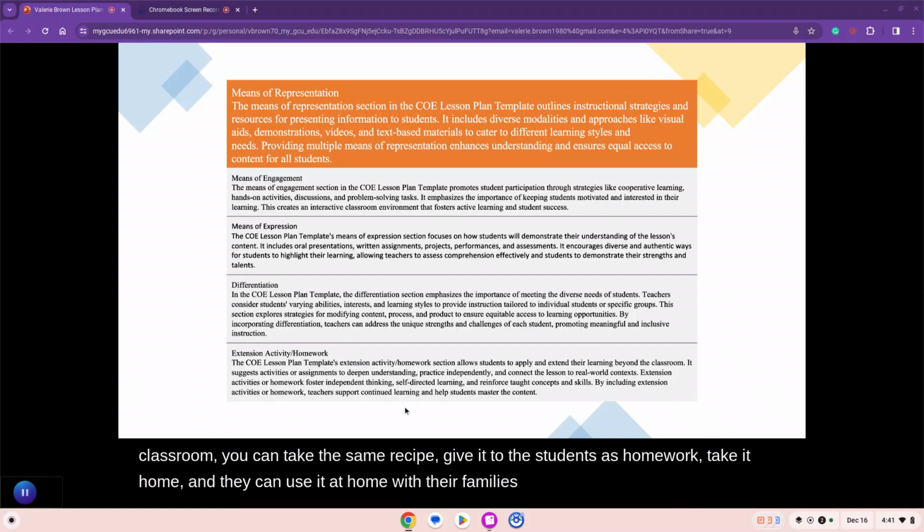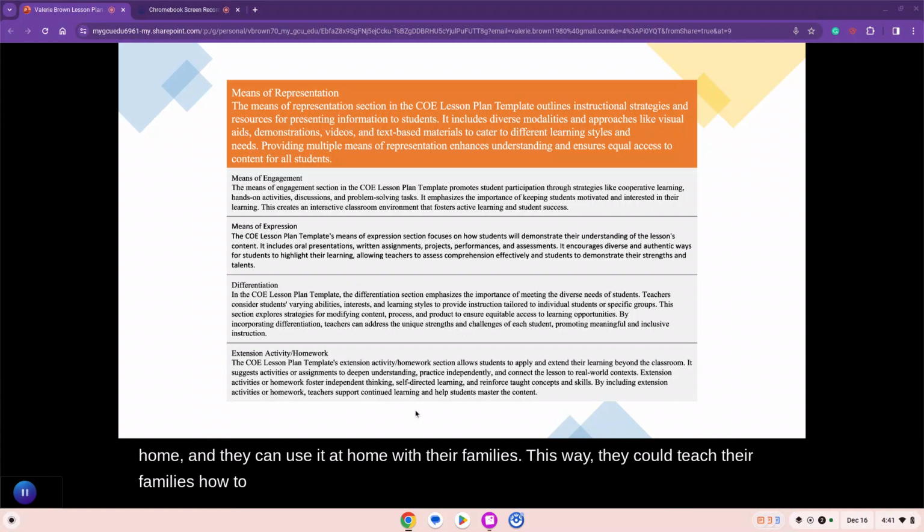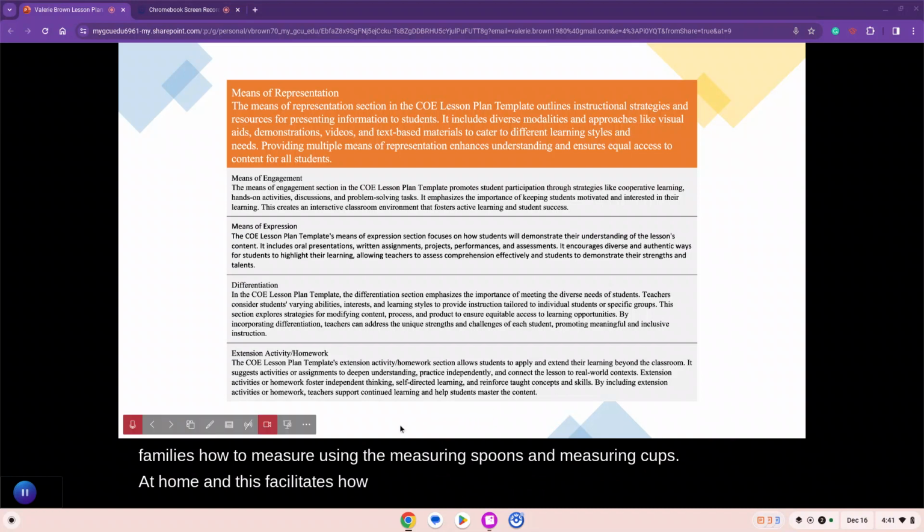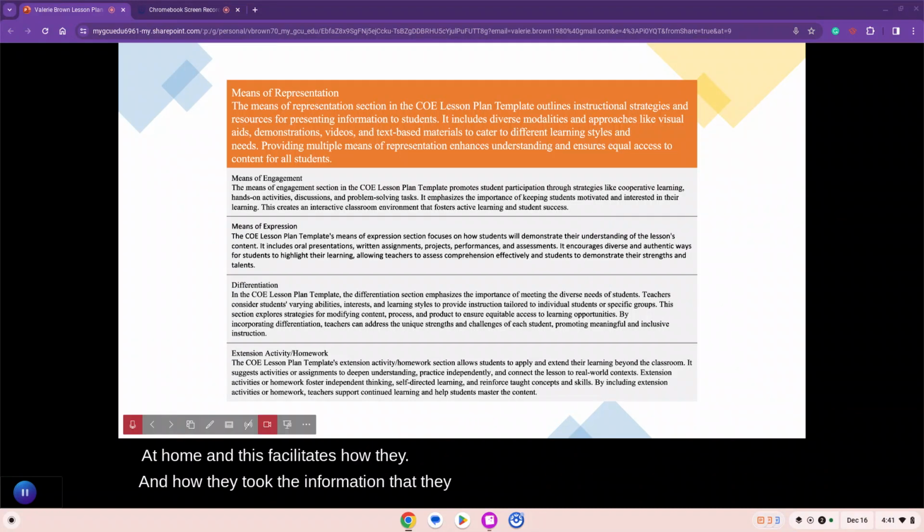This way, they could teach their families how to measure using the measuring spoons and measuring cups at home, and this facilitates how they took the information that they learned in school, and you can assess them through feedback from their family.